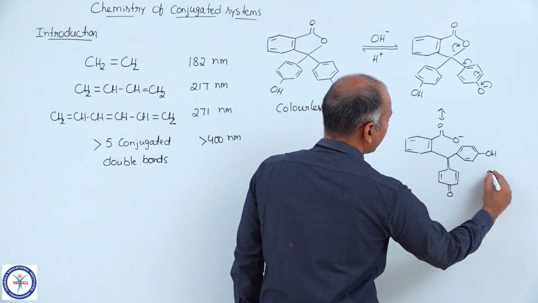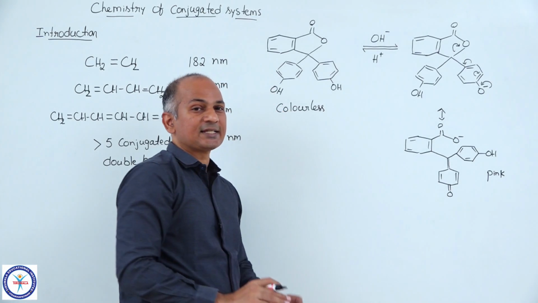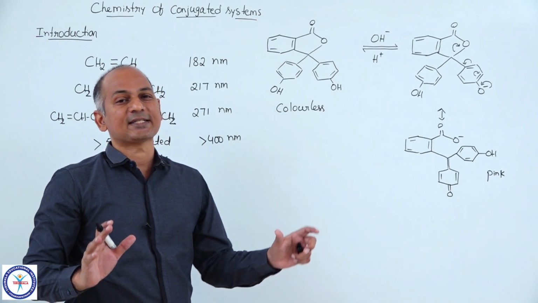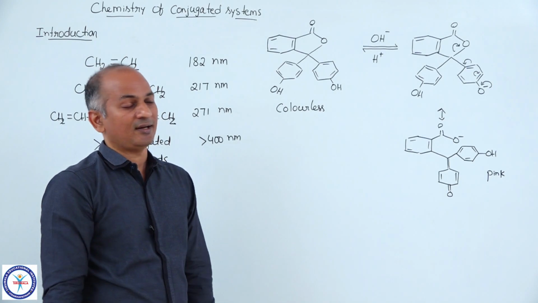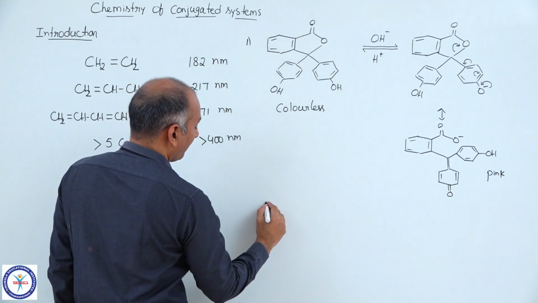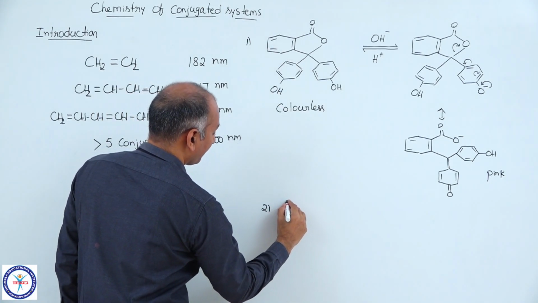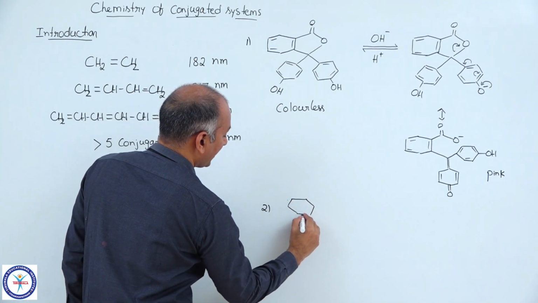You all know that it is pink in color. So, extensive conjugated system is one of the reasons why organic compounds are colored. And you can take one more example, and that is also a very familiar example. Now, benzene ring.